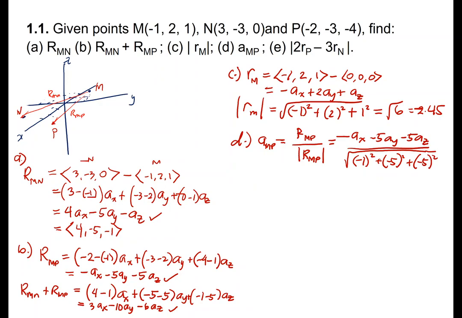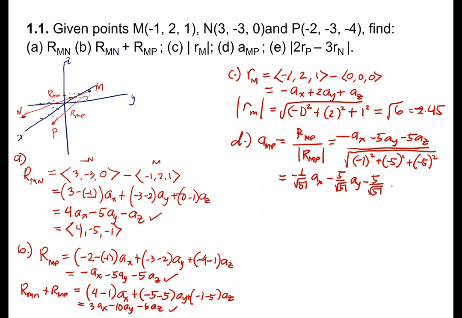So the square root of 51 is equal to 7.14. Actually, you can just write negative 1 over square root of 51 AX, minus 5 over square root of 51 AY, minus 5 over square root of 51 AZ.